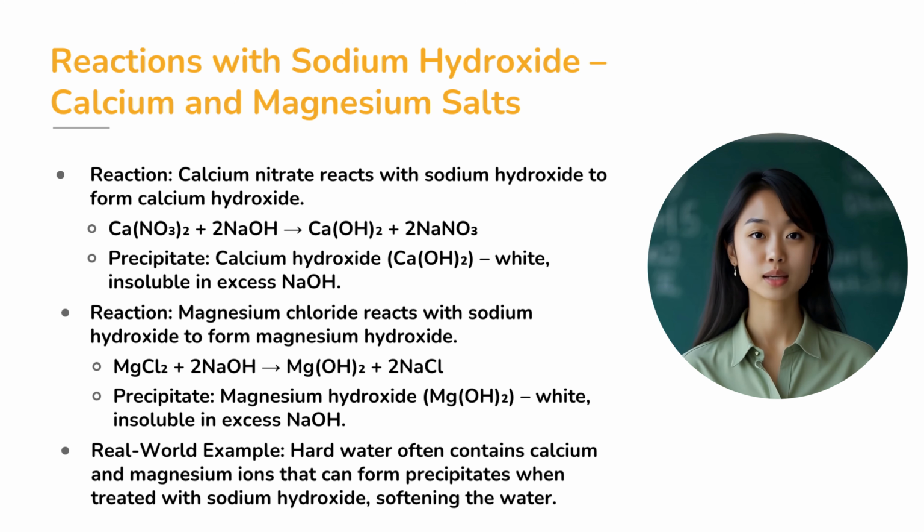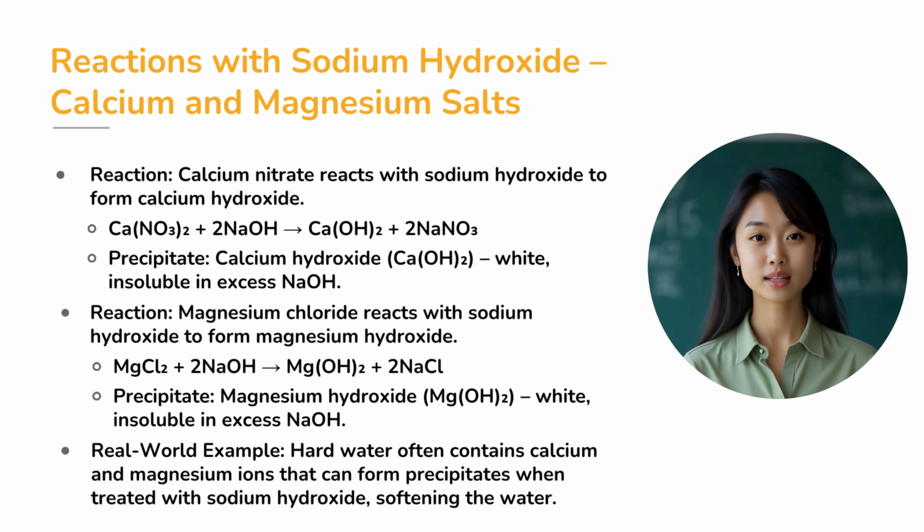Similarly, magnesium chloride reacts with sodium hydroxide to form magnesium hydroxide, which also appears as a white precipitate. The reaction follows the equation: magnesium chloride, MgCl2, reacts with 2 moles of sodium hydroxide, NaOH, to produce magnesium hydroxide, Mg(OH)2, and 2 moles of sodium chloride, NaCl.